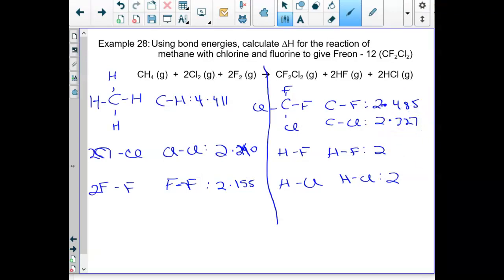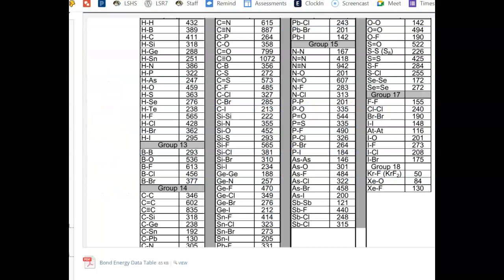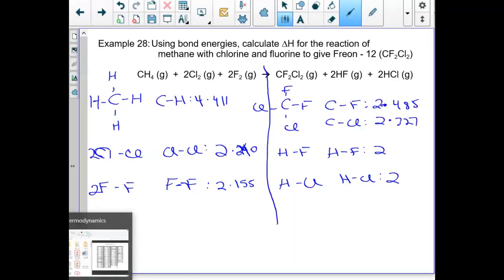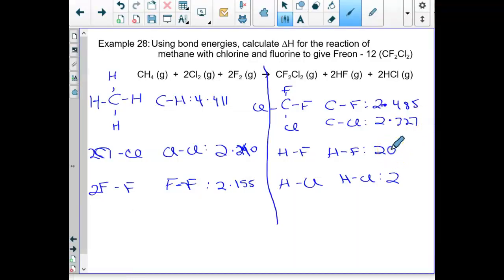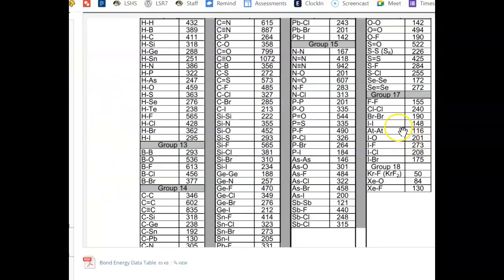Hydrogen-fluorine bonds, which we don't have on the other side. If we would have had it on the left side, sometimes that's the case. 565. And then hydrogen-chlorine bonds right here, 428.